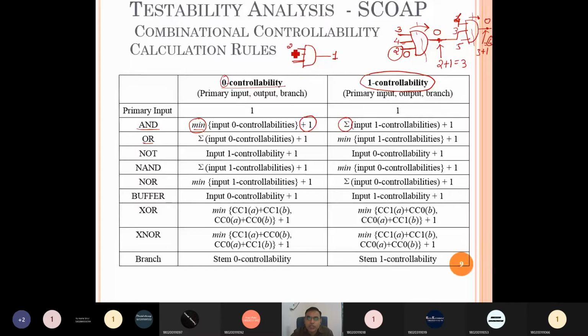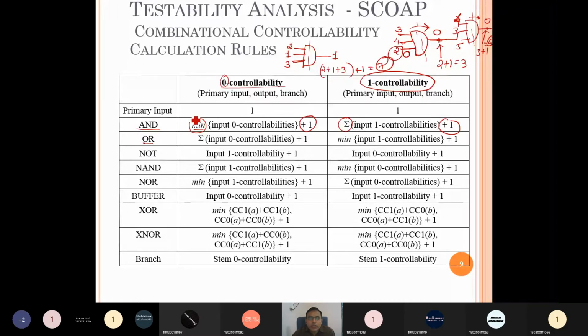Suppose the difficulty levels are 2, 1 and 3. Then the one controllability is 2 plus 1 plus 3 plus 1, which equals 7. This way we calculate the zero controllability and one controllability.